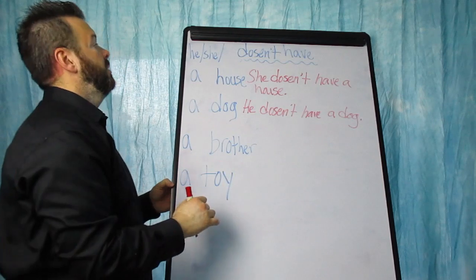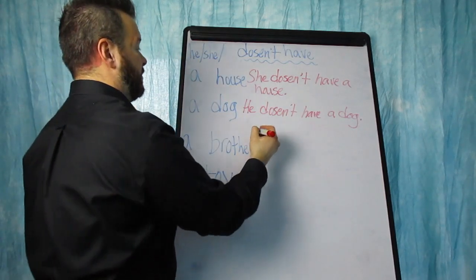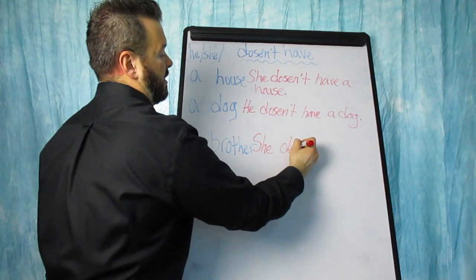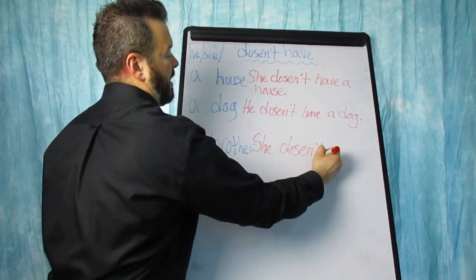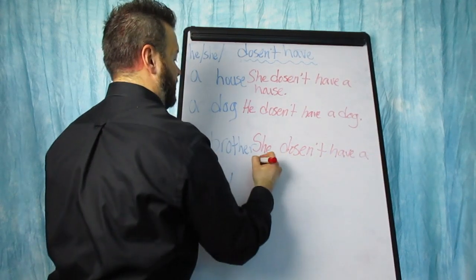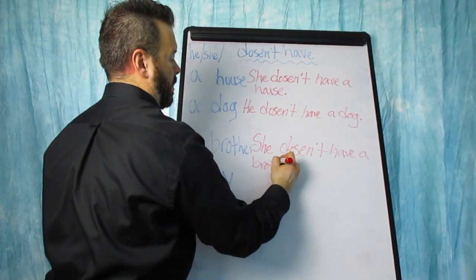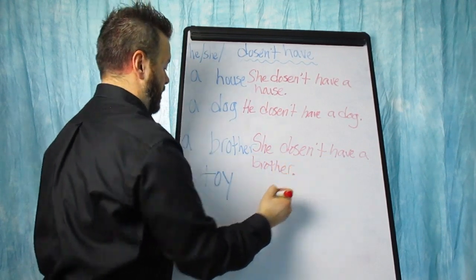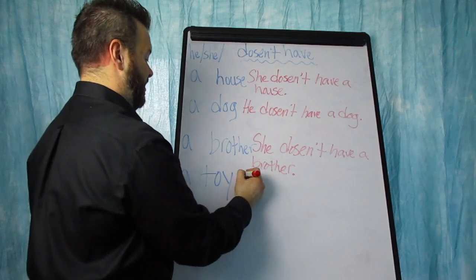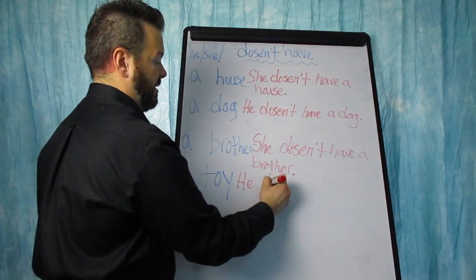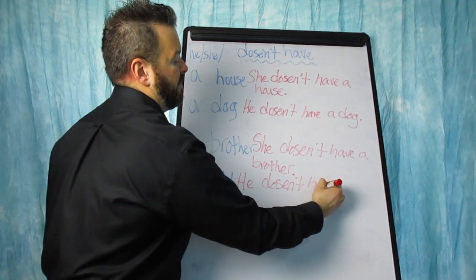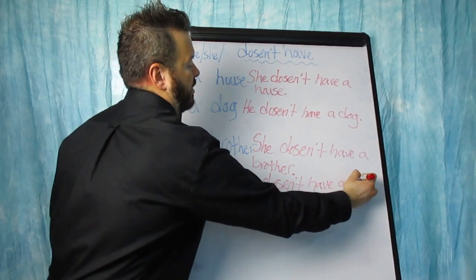A brother, let's use she, she doesn't have a brother. And then a toy, let's use he, he doesn't have a toy.